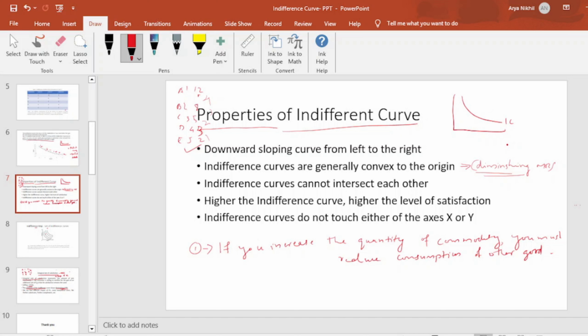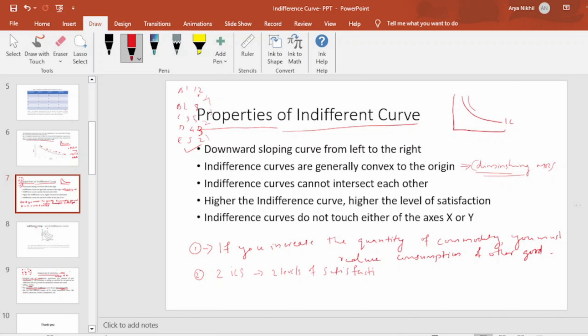We know that a property of indifferent curves is that 2 indifferent curves have 2 levels of satisfaction. All indifferent curves are different in terms of satisfaction level. IC1 and IC2, both of the curves have 2 different satisfaction levels.